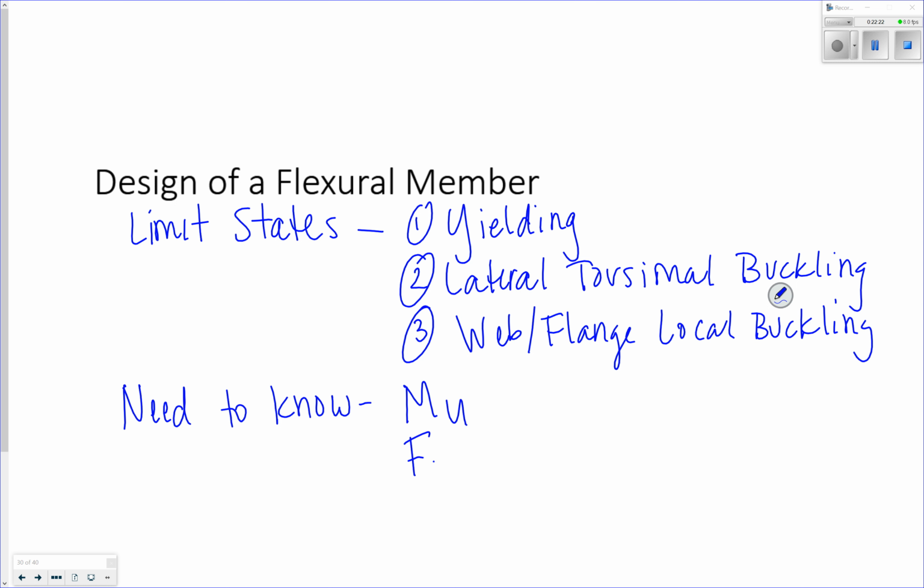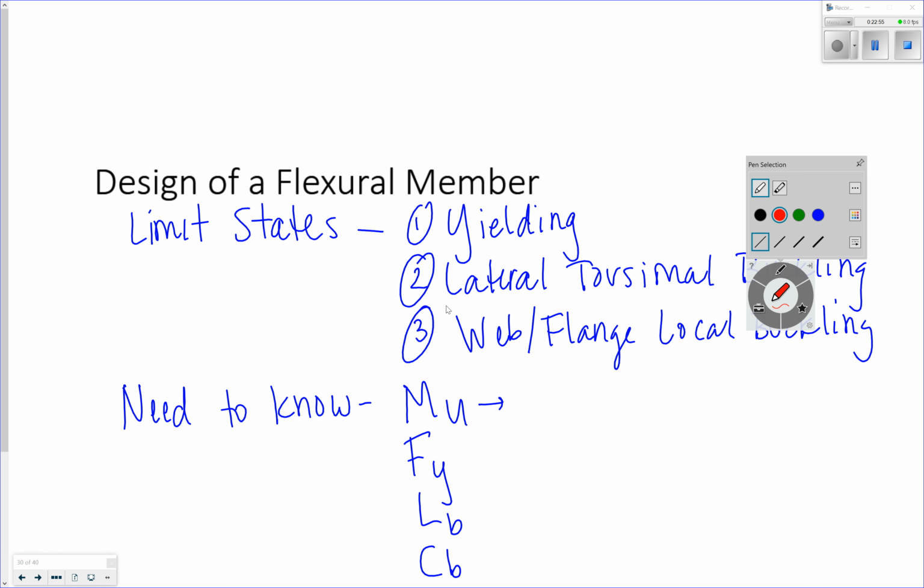My yield stress, my material properties. My unbraced length, maybe that's given, maybe I have to look at it and figure that out. And I need to know if I get to reduce my capacity by the Cb factor.